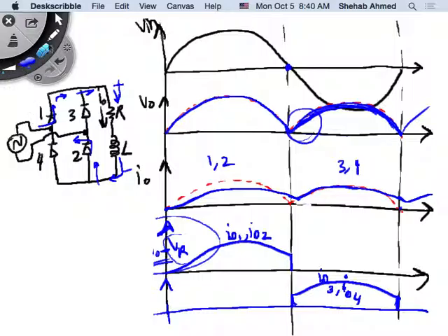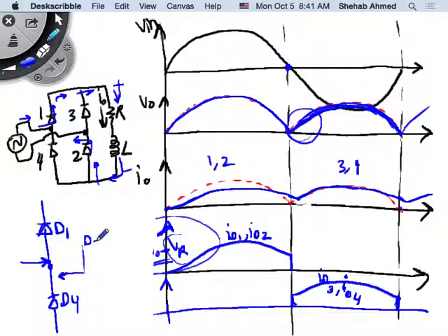So what does the supply current look like? Supply current is this current here. Do you agree? This current here is coming into where? This is D1, and this is D4. This is supply current going back from D3 and then D2. So I have two nodes here. Supply current is coming in here. This is IS, and this is negative IS.